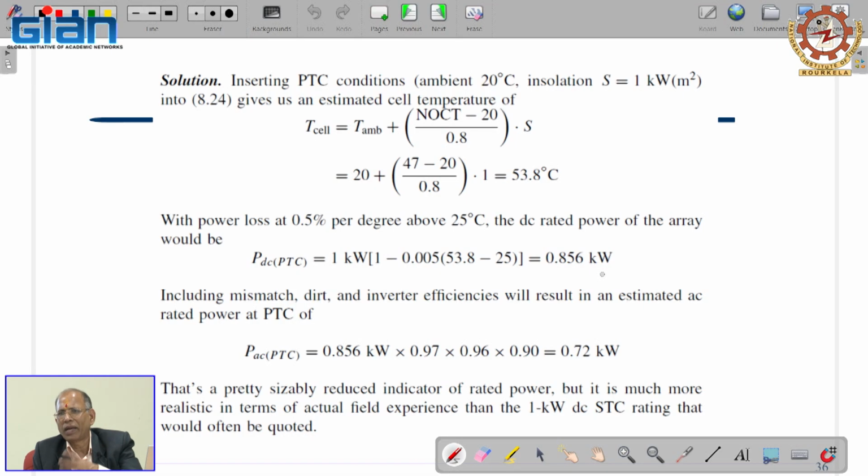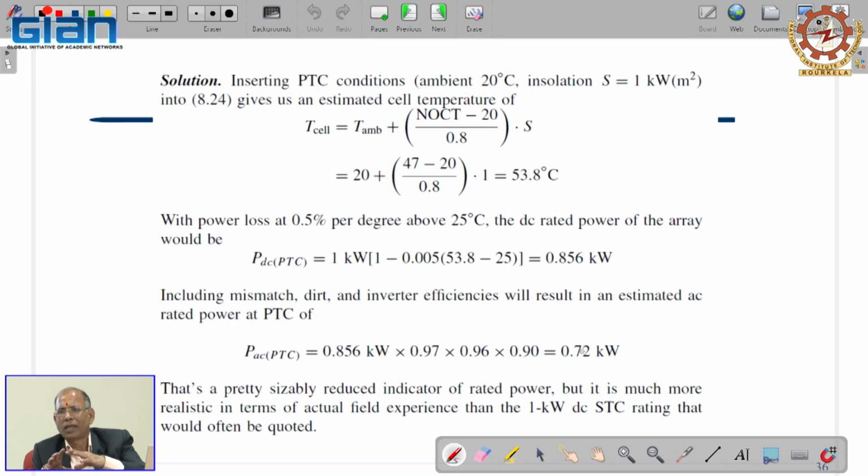Then the different efficiency losses: whatever power we got, 856, then the efficiency loss because of the mismatch 3%, so 0.97, then 4% because of the dust, inverter efficiency 0.9. So overall it gives us 720 watt. Okay, although we say the PV system is 1 kilowatt, keep in mind it is DC. Then how much AC power you are expected to get.